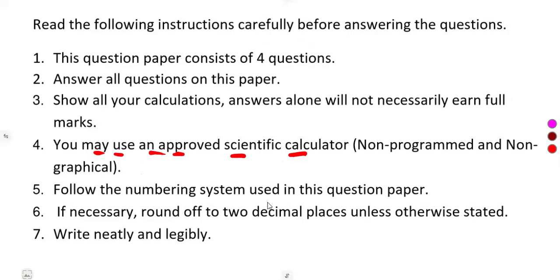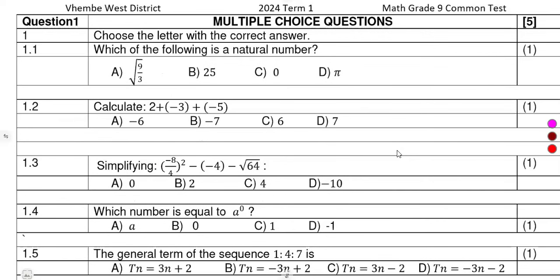Follow the numbering system used in this question paper. If necessary, round off to 2 decimal places unless otherwise stated. We can be given another instruction, maybe 1 decimal place or 3 decimal places, but whenever you're not given any other instruction, you're supposed to use 2 decimal places.